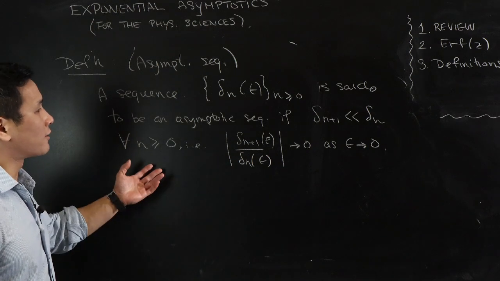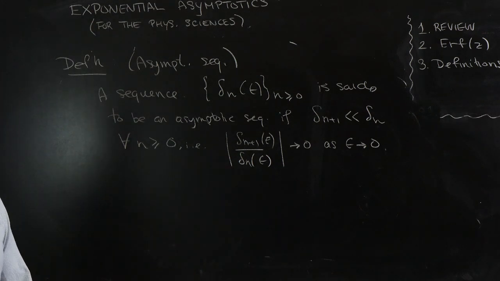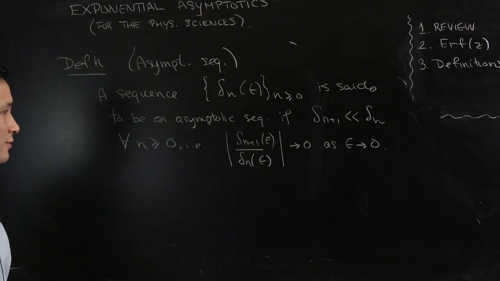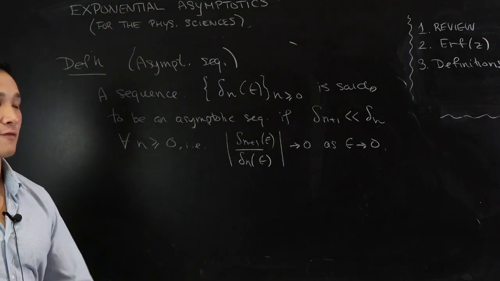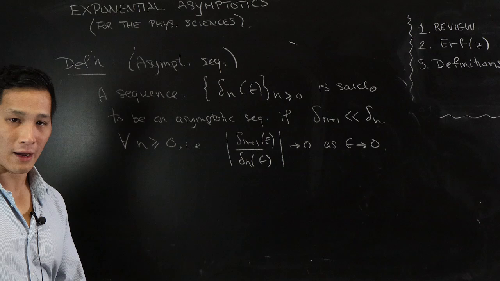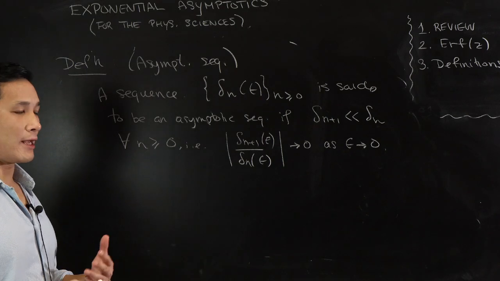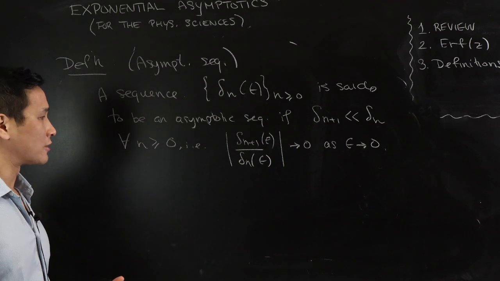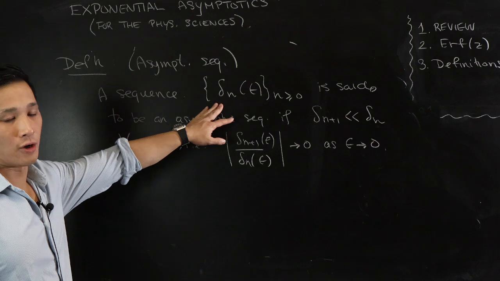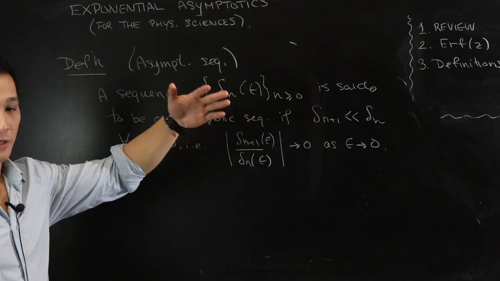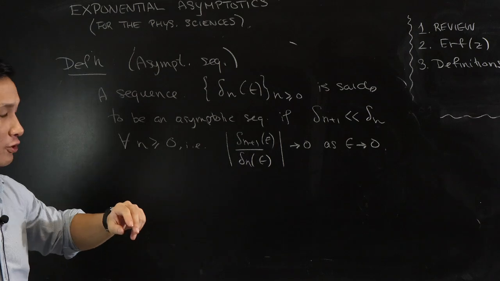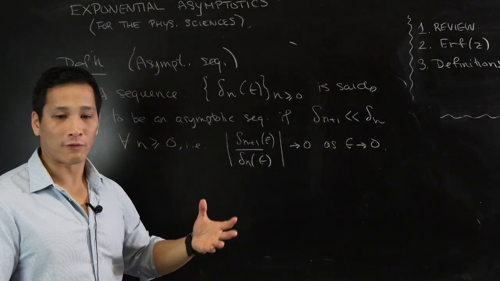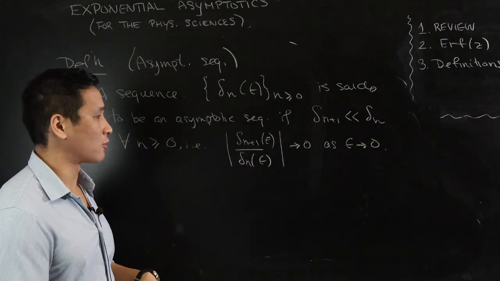Most of the sequences that we deal with are super simple. They're just algebraic progressions in powers of epsilon, but you don't have to have that. You could have much more exotic asymptotic approximations where the sequence can even involve transcendental powers of epsilon, or logs.